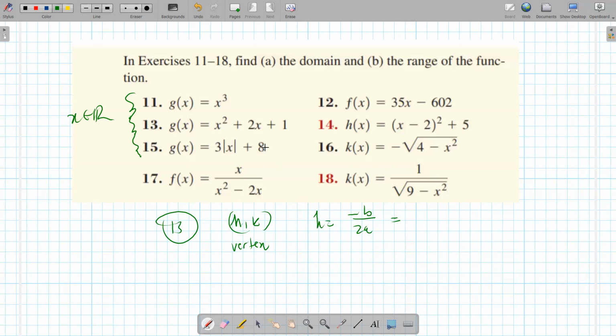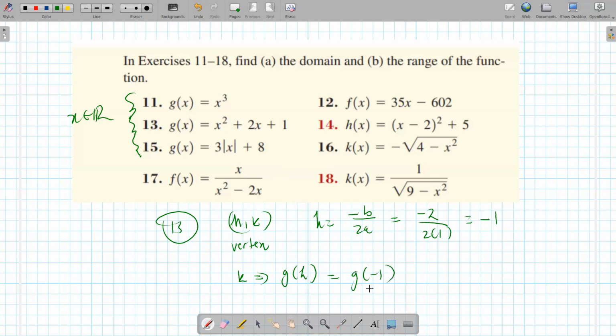What's b? Minus b would be negative 2, and 2 times 1, so our h is minus 1. To find k, you just plug the h value back into the equation.